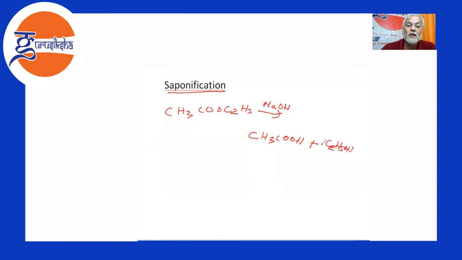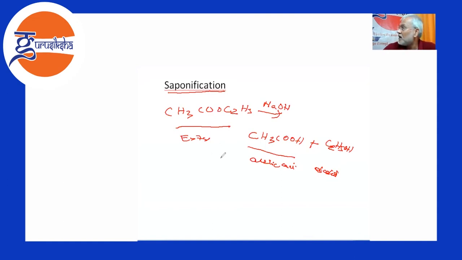C2H5OH. Now this is again acetic acid, and this is alcohol. This is the ester.